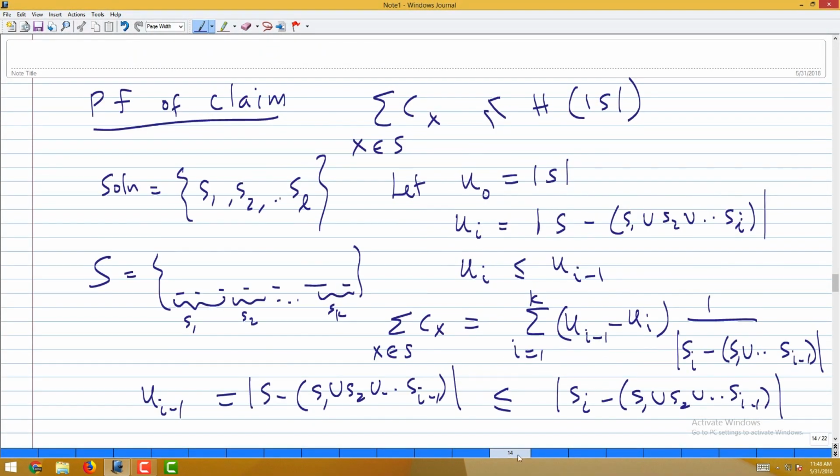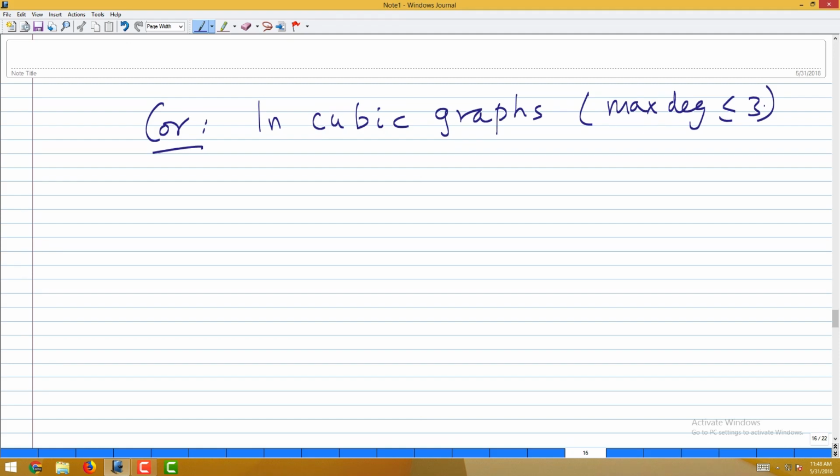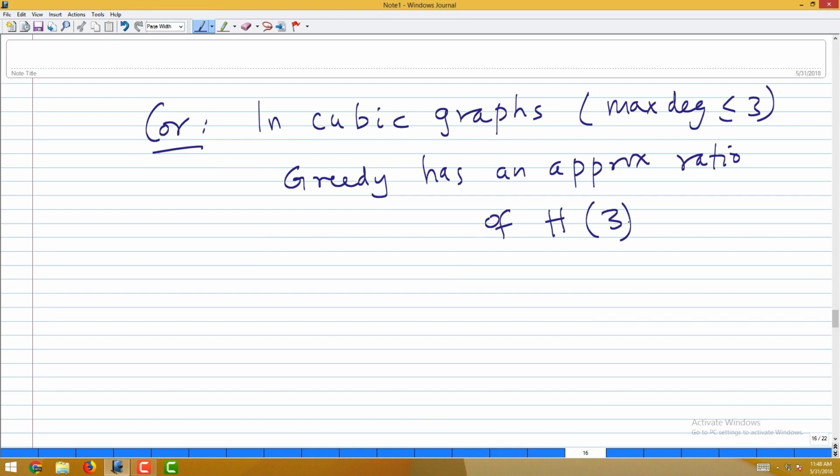But I think there are even better approximation algorithms. So, I would just want to write the corollary that in cubic graphs, where max degree is actually 3, because otherwise it is polynomial time solvable, greedy has an approximation ratio of harmonic of 3, because the set sizes are 3, which is equal to 1 plus half plus 1/3.